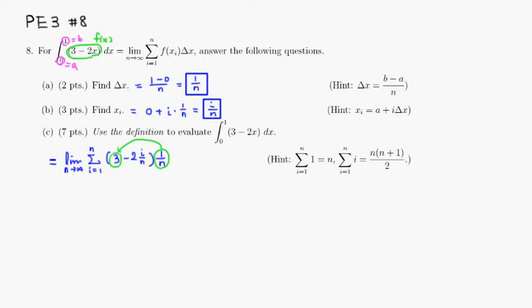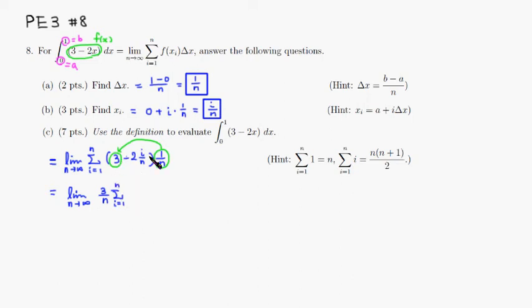We're going to get this. First we still have to have a limit as n approaches infinity. So 3 over n has nothing to do with i, so we can put it outside. So 3 over n, then you have a summation, i goes from 1 to n.